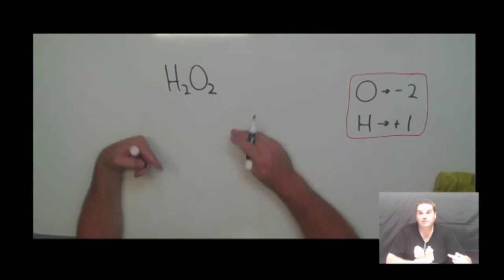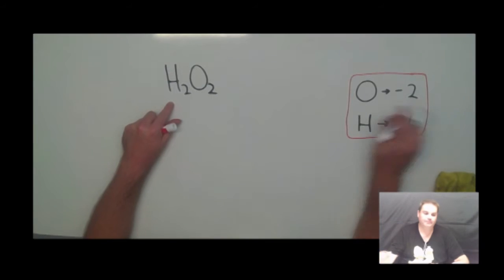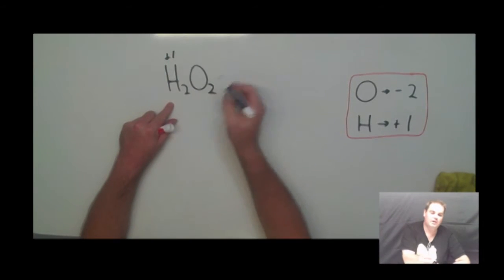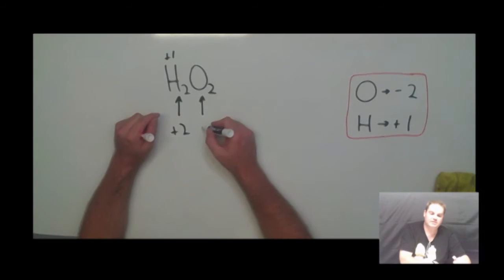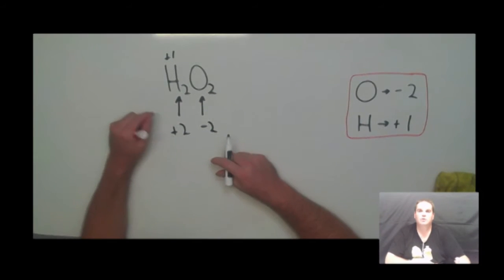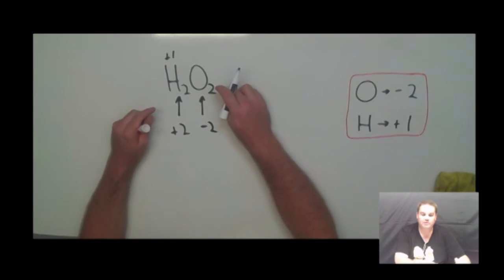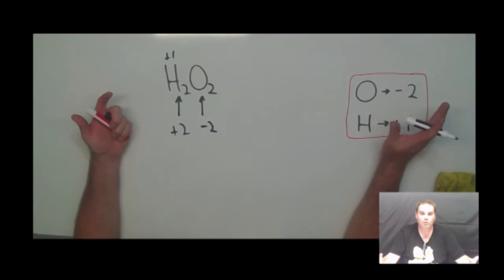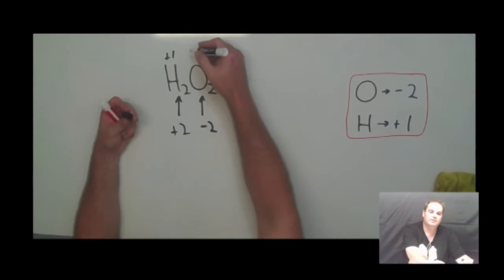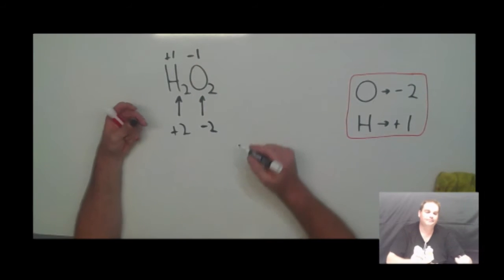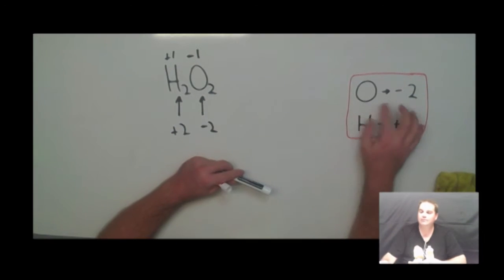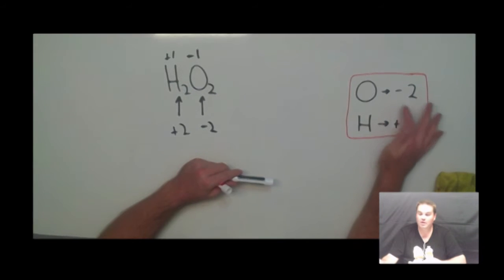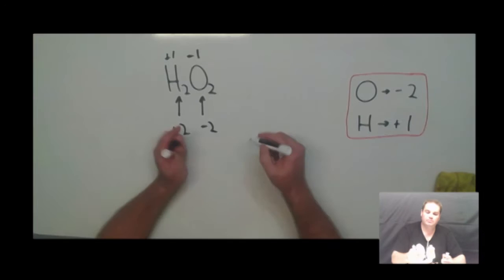Now in this case, we know hydrogen is +1, so that's +1 there. So overall, that gives us +2 here. So the oxygens here must equal -2 in total. But we've got 2 of them, so if it was normally -2, it would be -4, which it can't. So here, the oxygen is actually -1. And that's the only time you'll find oxygen when it's combined with other things, which doesn't have an oxidation number of -2. The hydrogen is always +1, except if you combine it with a metal.